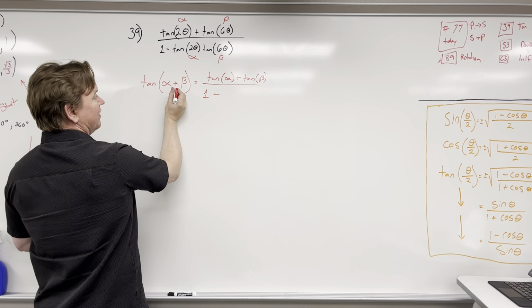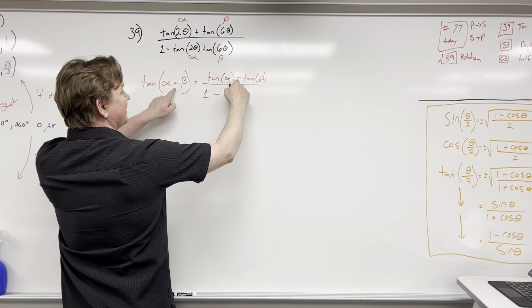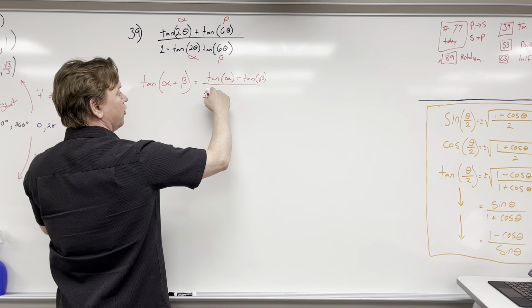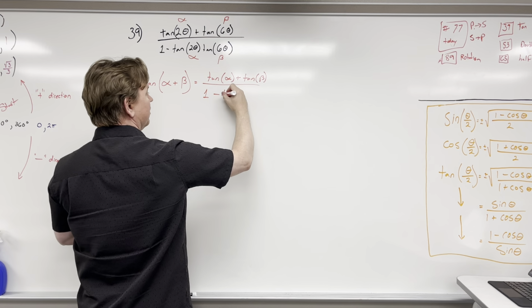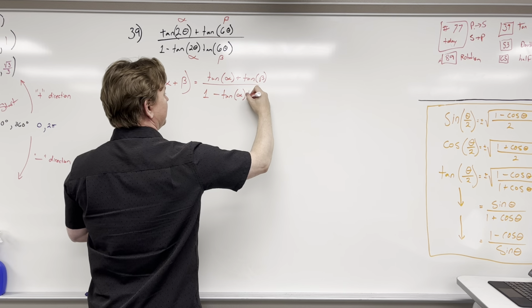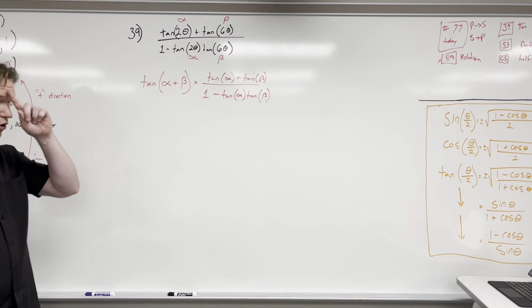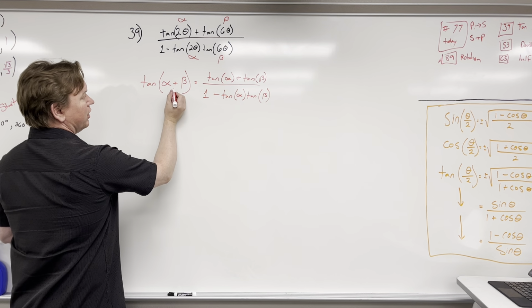Notice the sign on the numerator is the same as in the angle sum, and then below the quotient line is going to be the opposite of that, and then this is multiplied. So this you need to know. This needs to be a flashcard.